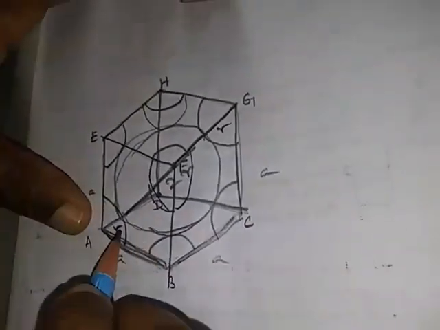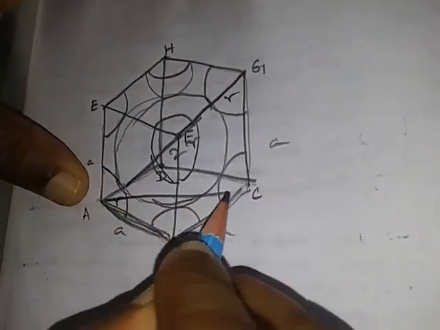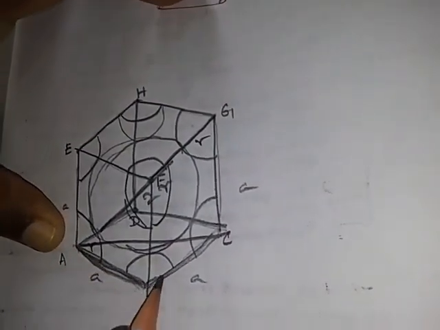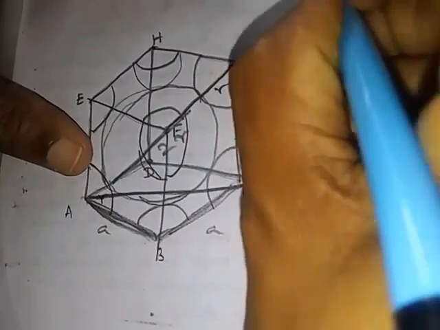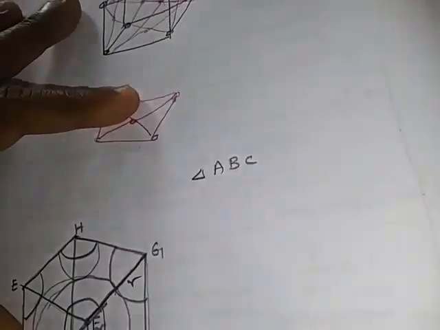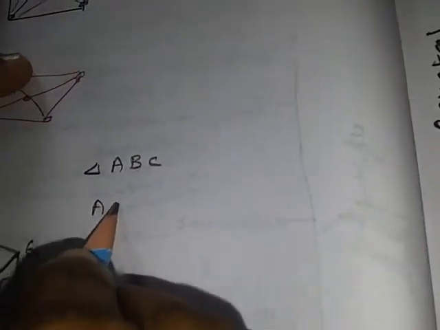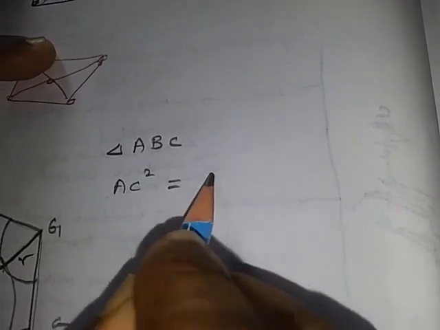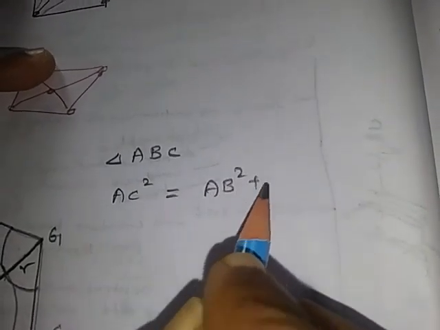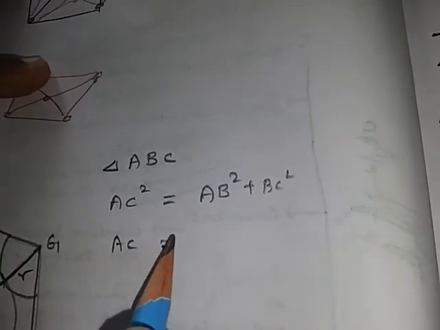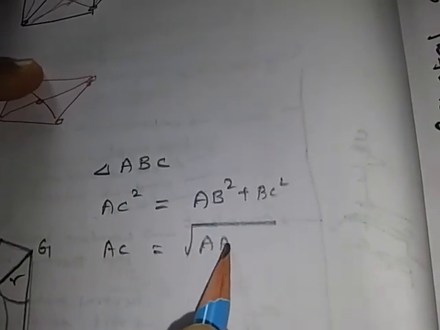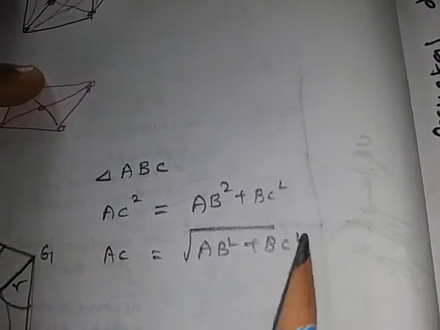Okay. Now here, if you look at this, it forms a right angle triangle ABC. In right angle triangle ABC, we know very well that according to the Pythagoras theorem, AC squared is equal to AB squared plus BC squared. So AC equals the square root of AB squared plus BC squared.